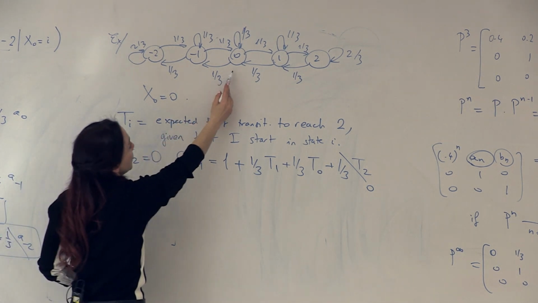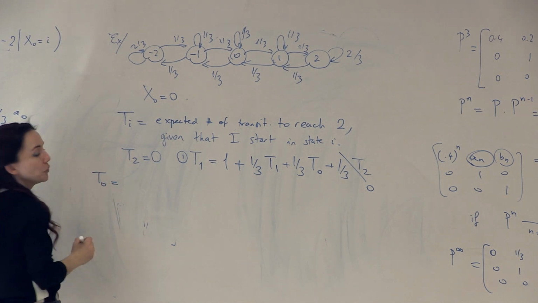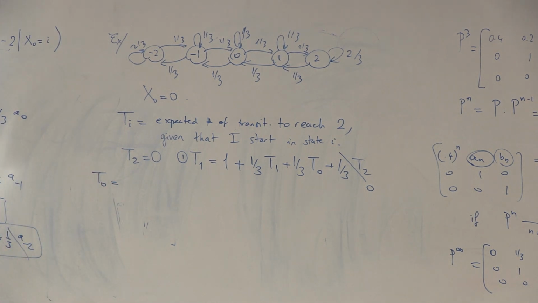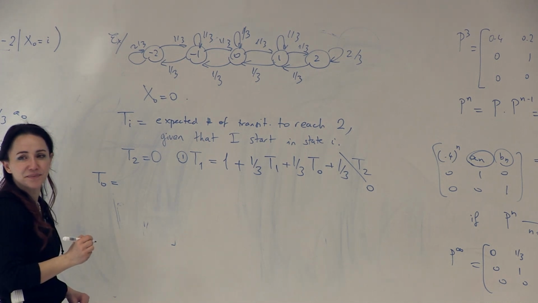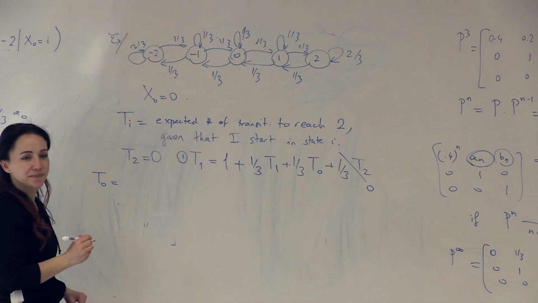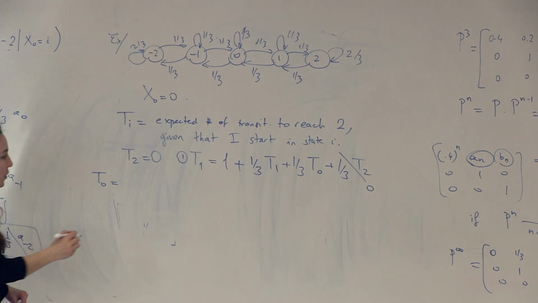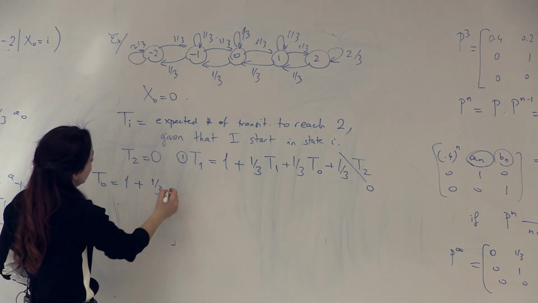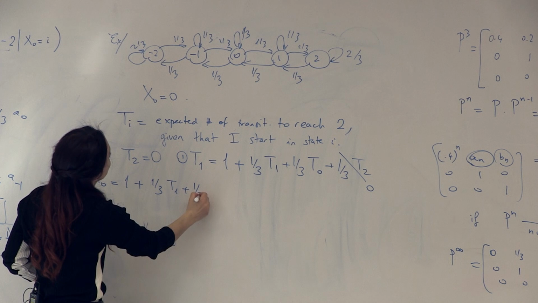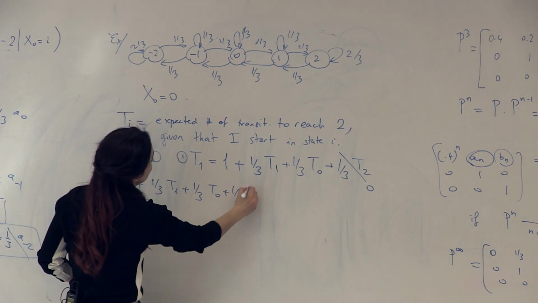Let's write another equation for 0. T0 equals, now you tell me maybe, 1 plus 1/3 T1 plus 1/3 T0 plus 1/3 T-1.